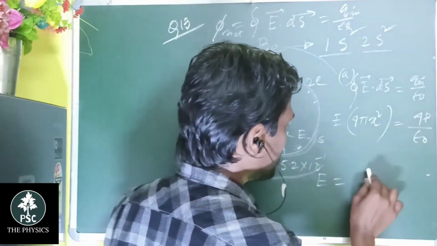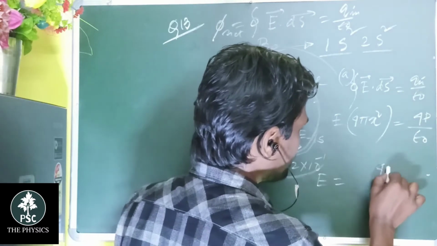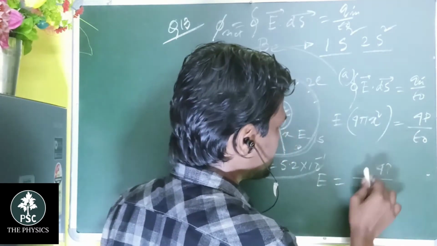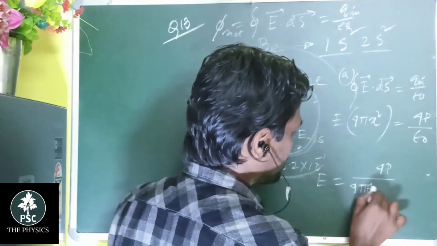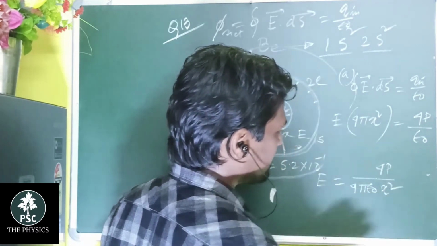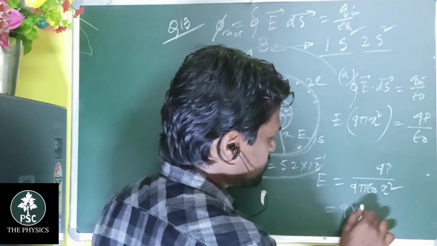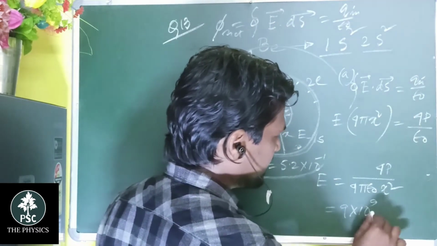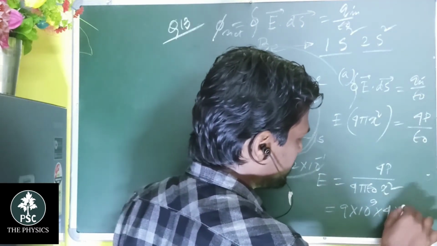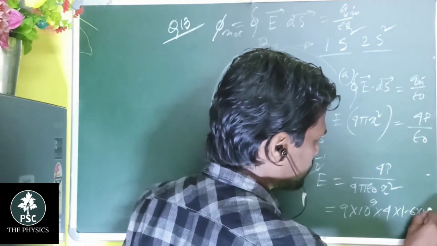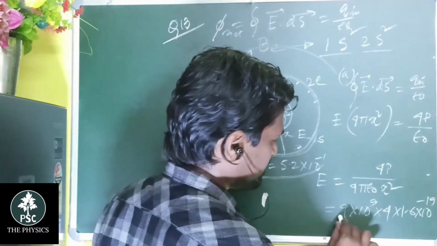This is 4p by 4 pi epsilon naught x square. So 1 by 4 pi epsilon naught means 9 into 10 to the power 9, into 4 into p, p means proton, 1.6 into 10 to the power minus 19, by x square.